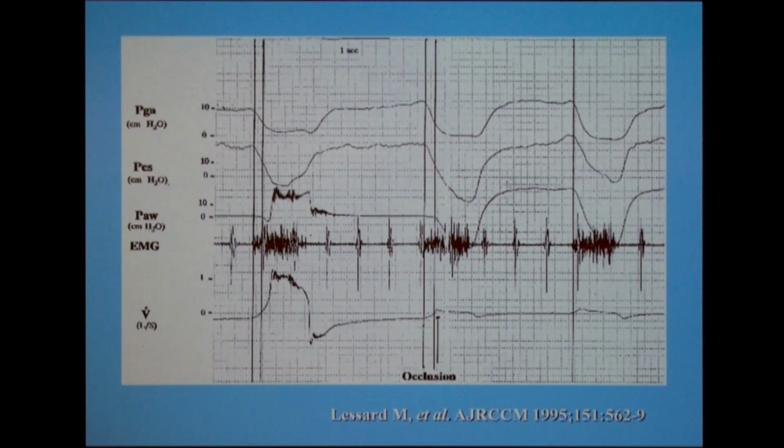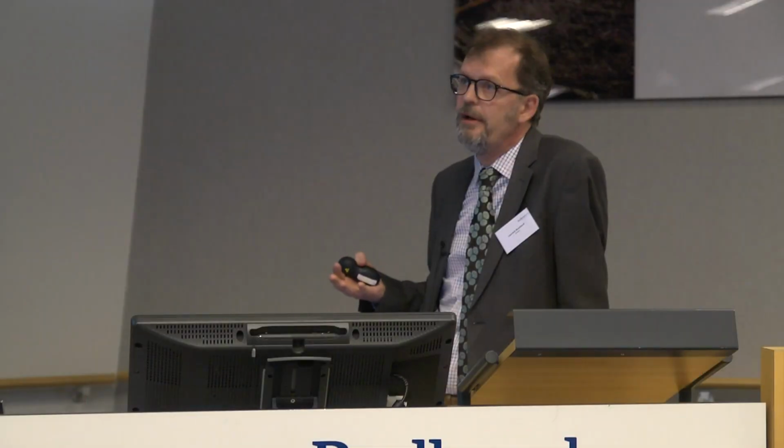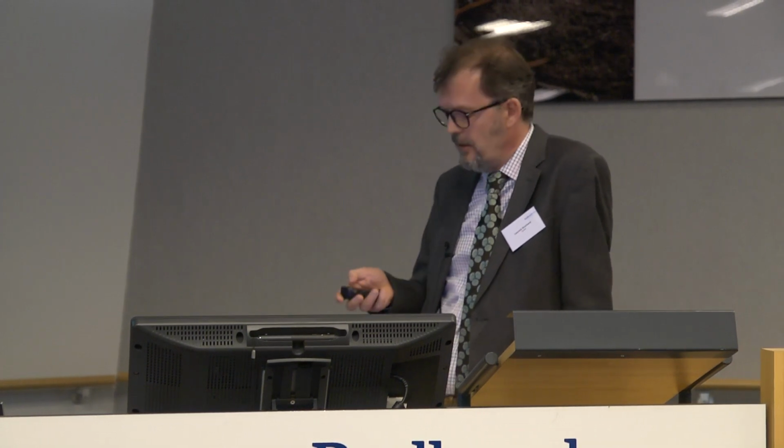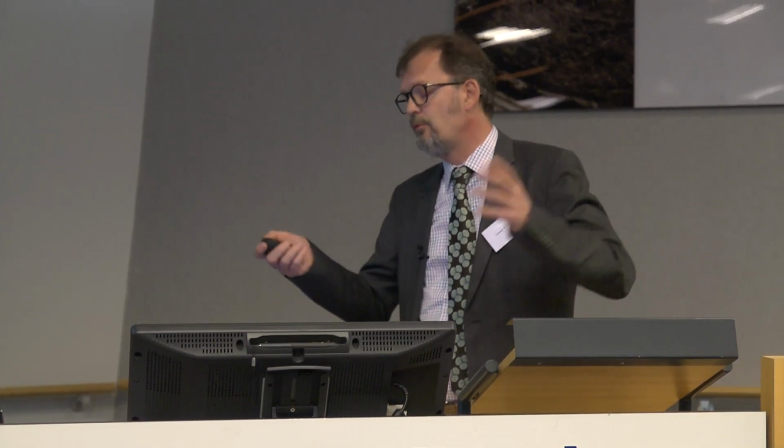So you do measure a pressure, but this pressure is not dynamic hyperinflation. It's dynamic hyperinflation plus expiratory muscle activity, and if you titrate your external PEEP on that, you may come to a very high level. So we need other techniques to measure intrinsic PEEP.